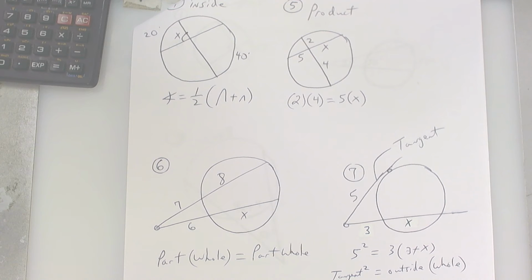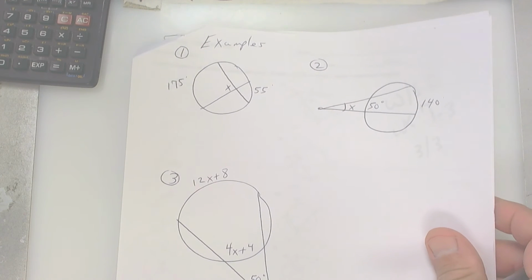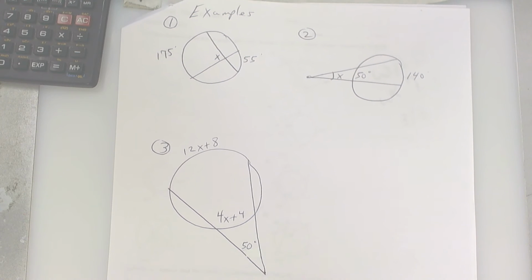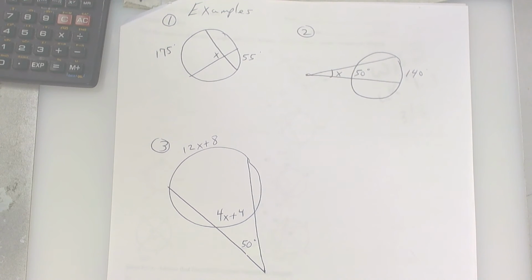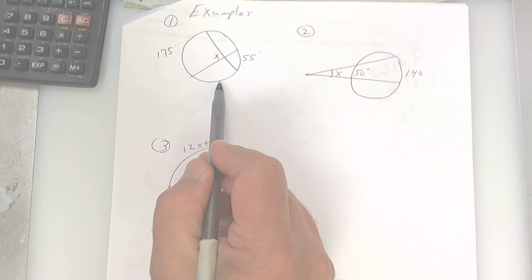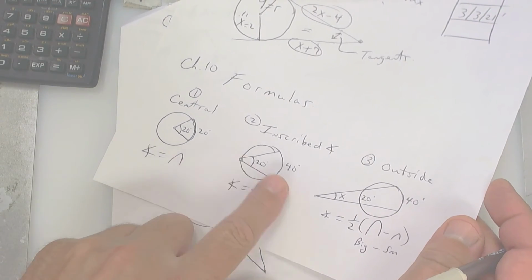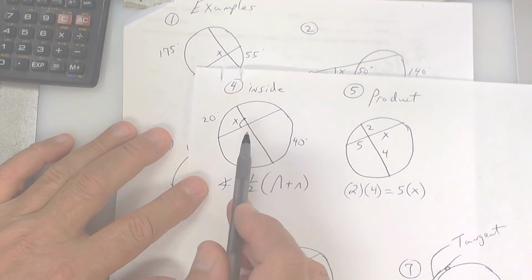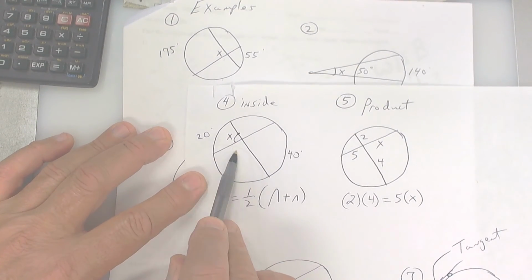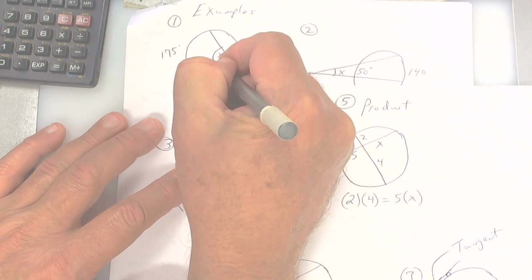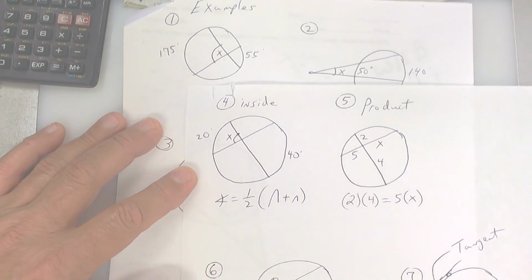All right, so let's get off of that now and let's work some. So let's take a look here. I'm going to pull this sheet off because I want to show you how to do this. So draw these diagrams. All right, so take a look at this one right here. You have to look at your formulas and see which one it is. So it's not any of these formulas, number 1. It's actually this formula right here. Okay, so the angle is on the inside, so it's this one. So the angle is equal to half of the sum of the two arcs.